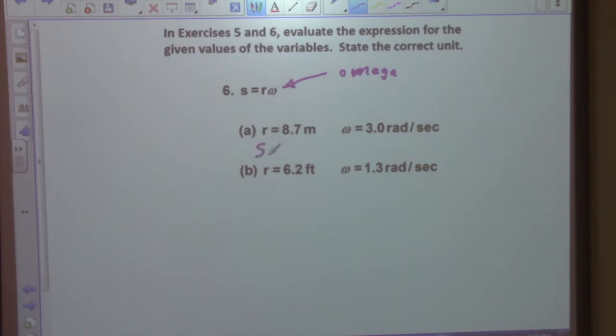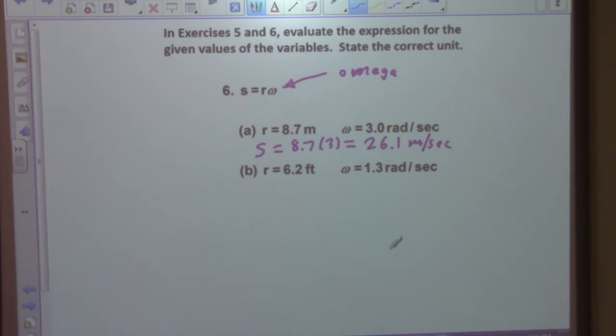So S is going to be 8.7 times 3, which equals 26.1. 26.1, thank you. Okay. 0.1 meters per second. So what you're doing is you're taking this rotational speed, this angular speed, and converting it with this formula into actual speed. That's what you're doing.